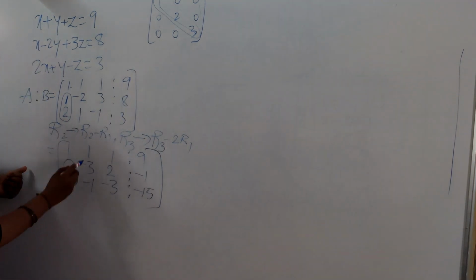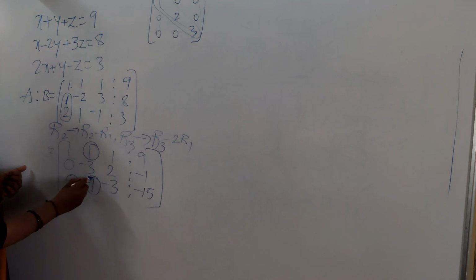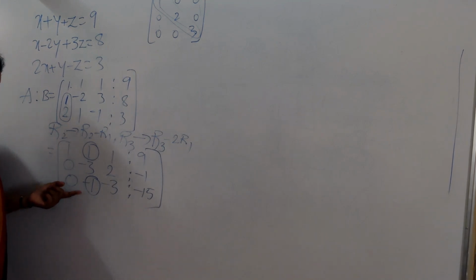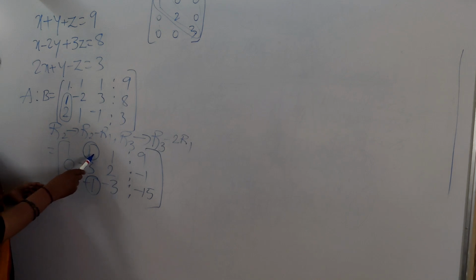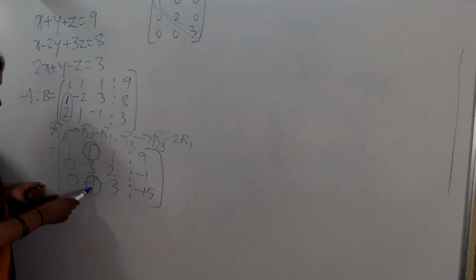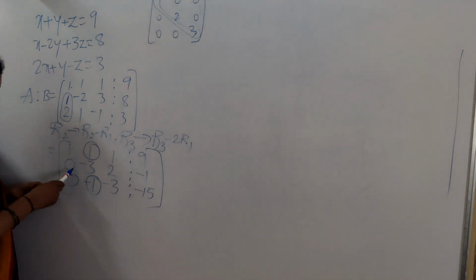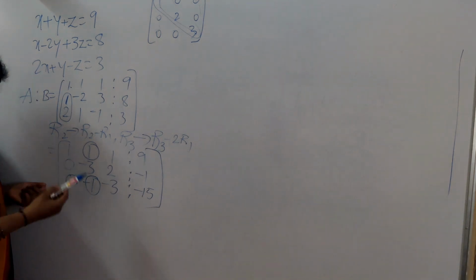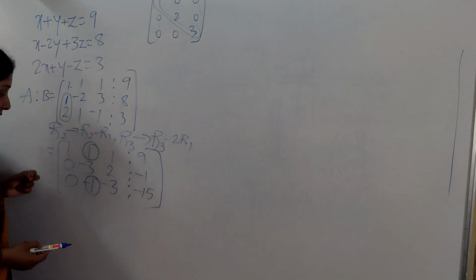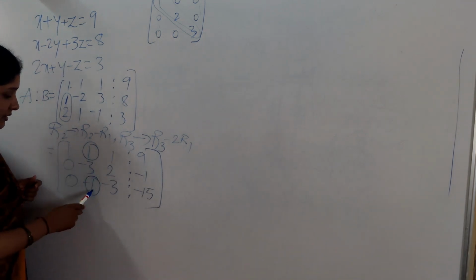We have to make these two elements 0. So, how can we do it here? See, for R1, we can add these two. 1 minus 1 becomes 0. But what about this? We have to connect it with this one, because if we add R3 with R1, then this may become a non-zero number.